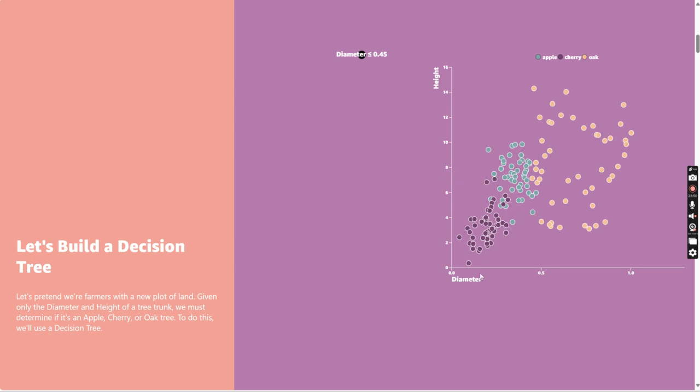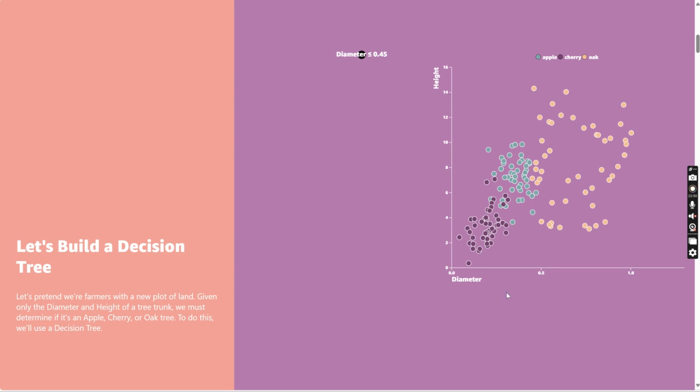And the diameter can go from 0.1 feet up to about 0.45 feet for a cherry tree.